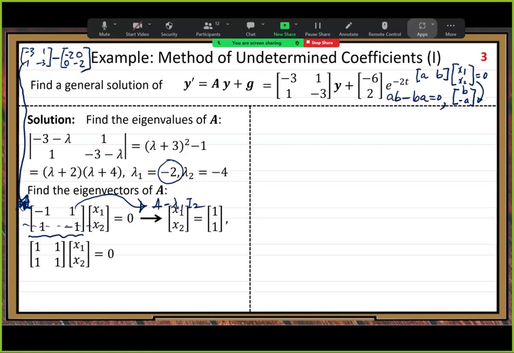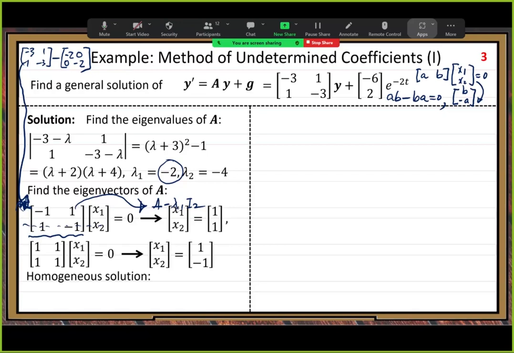These two numbers adding together equal 0. Find two simple numbers adding together to 0: 1 and minus 1. So you get two eigenvectors.